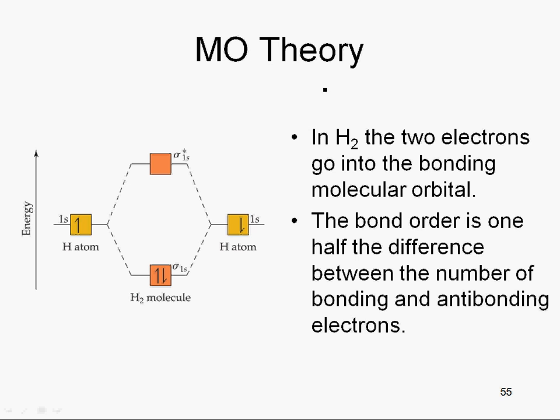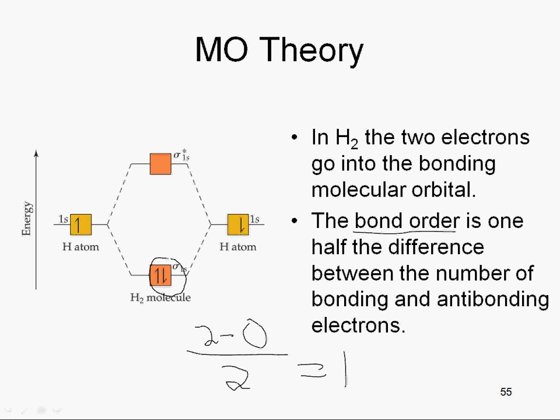We're able to calculate something called bond order. Bond order is when you take the number of electrons that are in sigma orbitals and subtract those that are in sigma star, so in this case it would be 2 minus 0, and then divide that by 2, you get a bond order of 1, and that suggests that a hydrogen molecule would have a single bond.